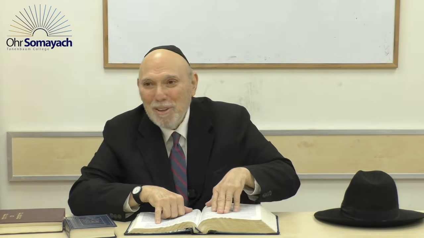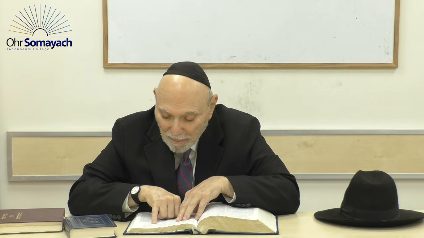There's something wrong with the grammar here. Does the English have it correctly? No, because it's not completely literal. The verse says there were 12 tribes, and this is what their father spoke to them.